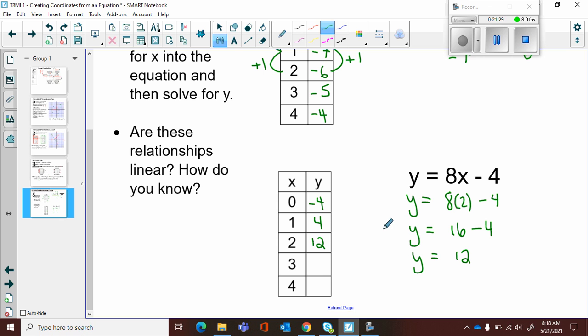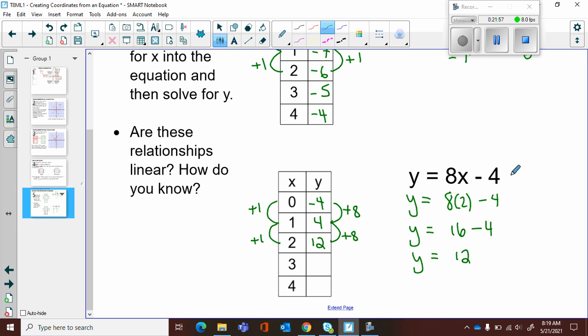We can see a pattern developing here. For every 1 that x is increasing, y seems to be increasing by 8. From negative 4 to 4, we had to add 8. And then 4 plus 8 gives me 12. So it looks like this is a consistent increase.